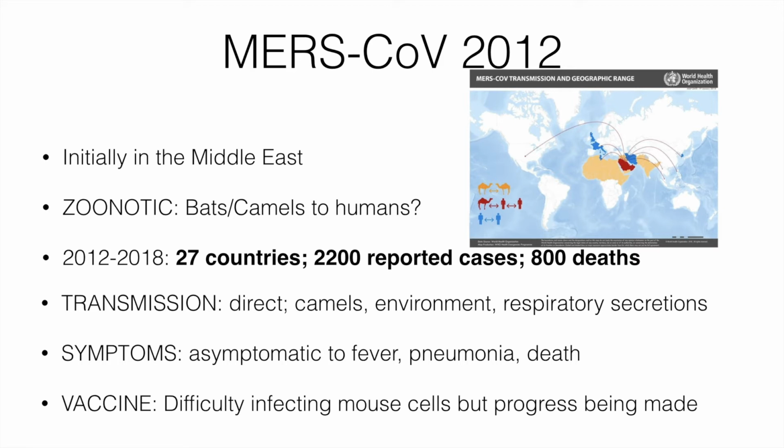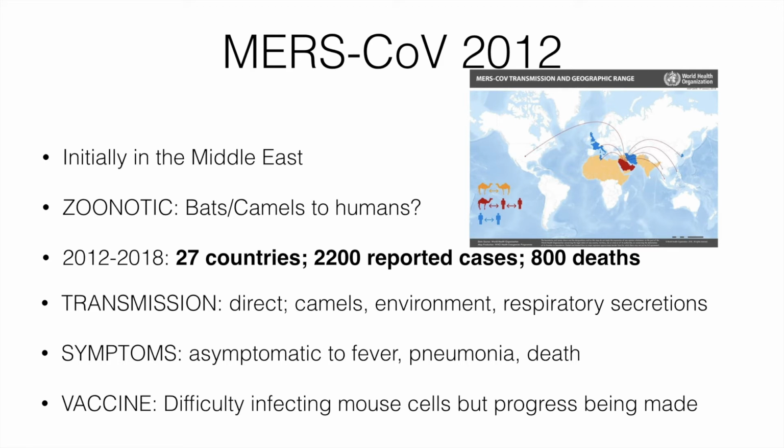As far as vaccine is concerned, they were having some difficulty infecting mouse cell lines with this virus due to the receptor for the S spike protein that I showed you earlier. That S spike protein binds to a dipeptidyl peptidase 4 receptor, DPP4.